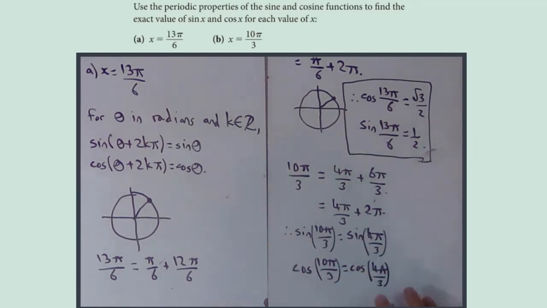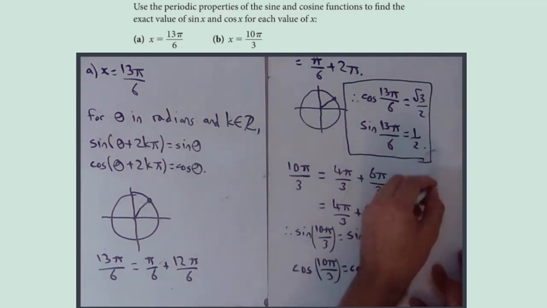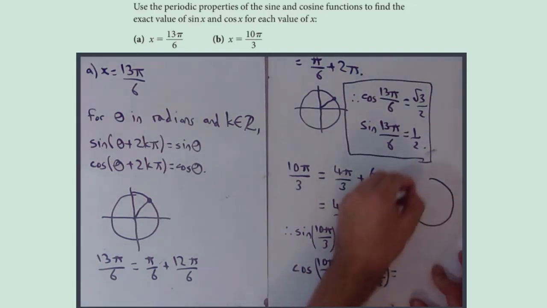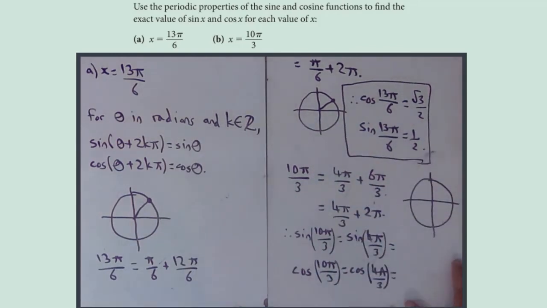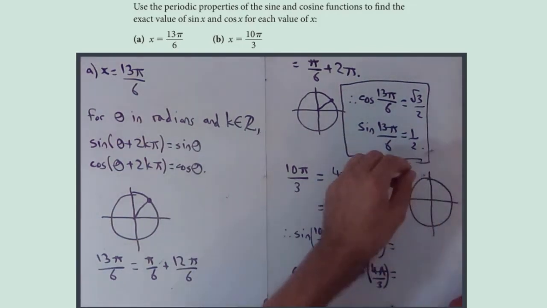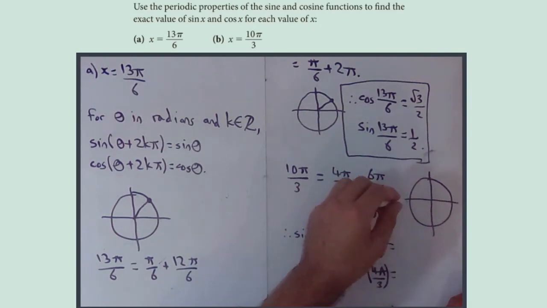So then all we need to do is work out what these are, and I'm going to draw a circle again. Pi is 180, pi by 3 is 60, so 4 pi by 3 must be 4 times 60, 240 degrees. Draw your circle; we go around 0, 90, 180, and we need 240.